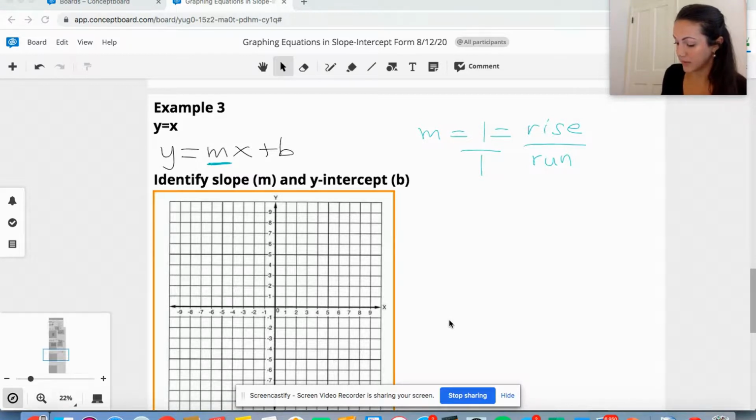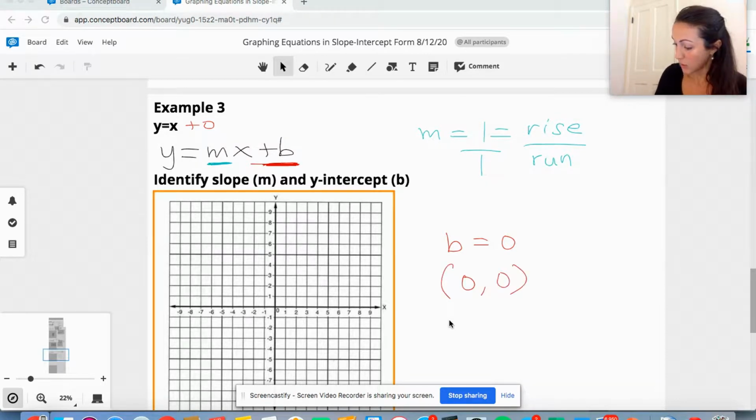And our b here, technically, we don't see a b, but if we write this as +0, we don't change the equation in any way at all. It just helps us to visualize what our y-intercept is. So b is equal to 0, and our coordinate for the y-intercept is 0, 0.